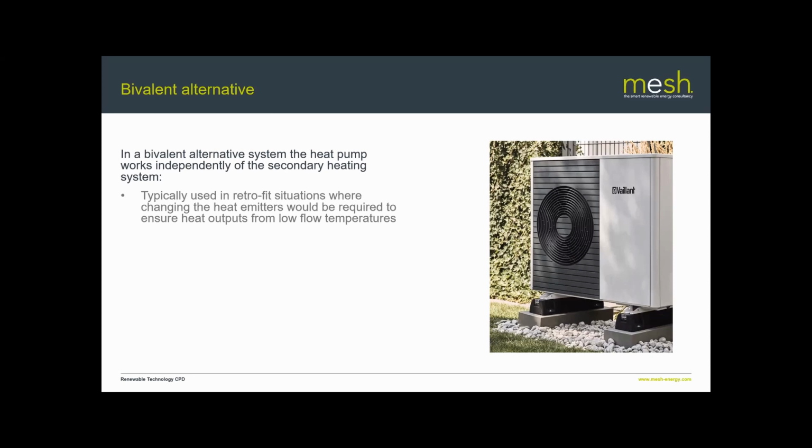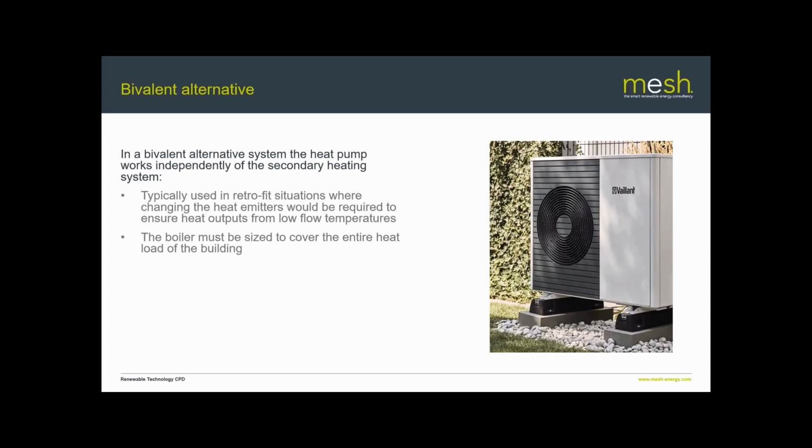So you have the heat pump operating when the ambient temperatures are warmer. You can then get away with the lower flow temperatures associated with the heat pump. And when the temperature goes down, then you start operating the boiler. That allows you to get the higher flow temperatures that are required to meet the heating outputs required at low ambient temperatures.